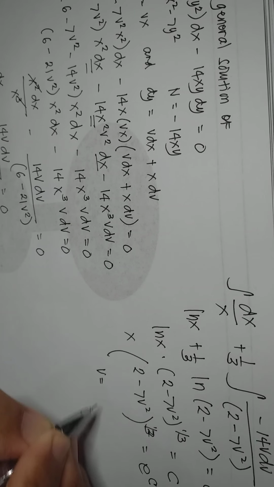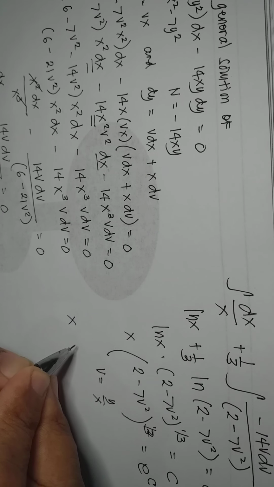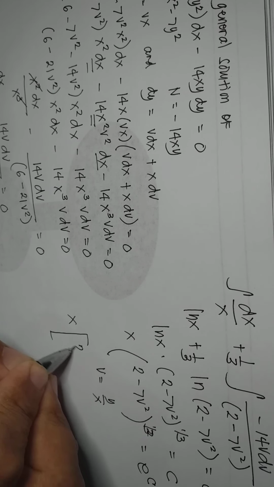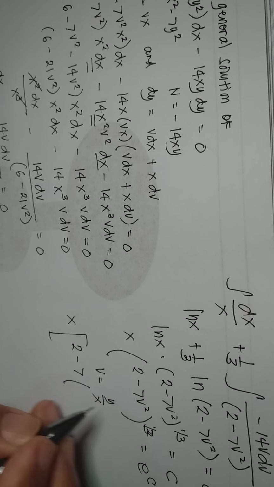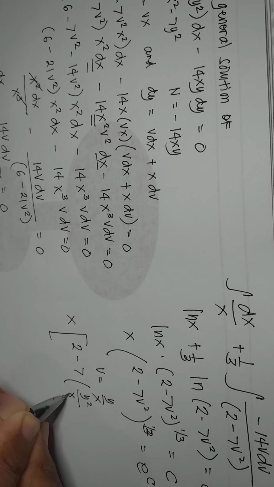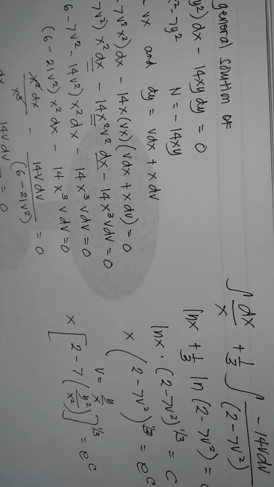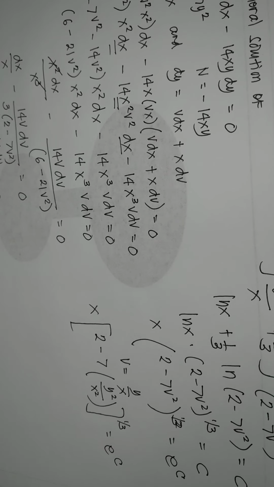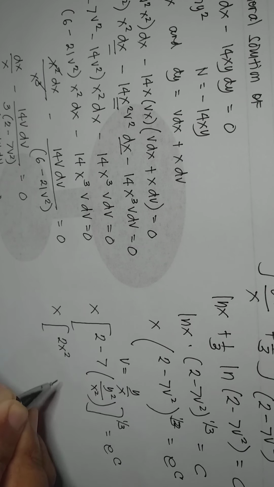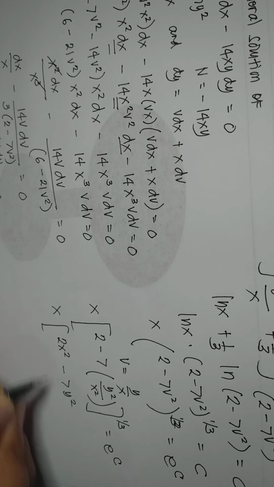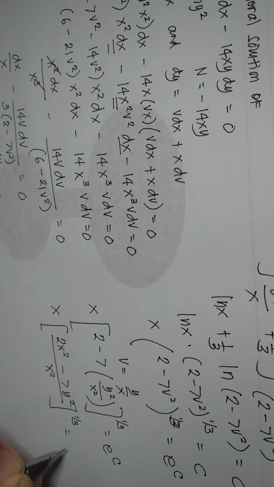But what is v? v again is equal to y over x. So we have x times (2 minus 7 y squared over x squared) raised to 1/3 is equal to e to the c. Next, x times ((2x squared minus 7y squared) all over x squared) raised to 1/3 is equal to e to the c.